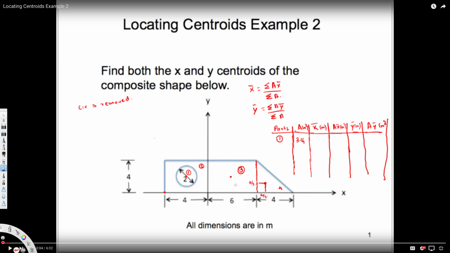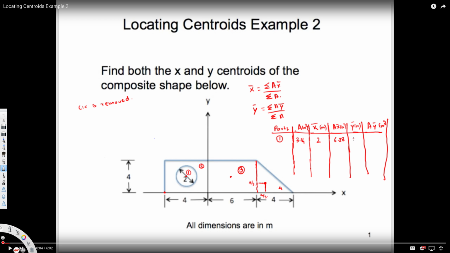So these are the centroids, and then let's calculate the x bar. For now we are doing the circle. For the circle, the distance from here to here is 1 radius plus half of this square, so it's going to be 2 meter. Let's put 2 right here, and A x bar is the multiplication of these two, so it's going to be 6.28.